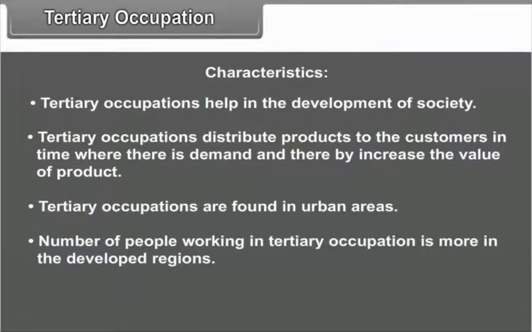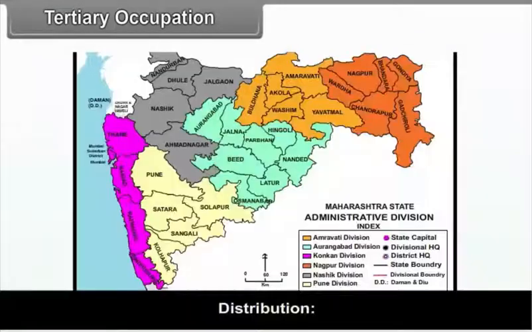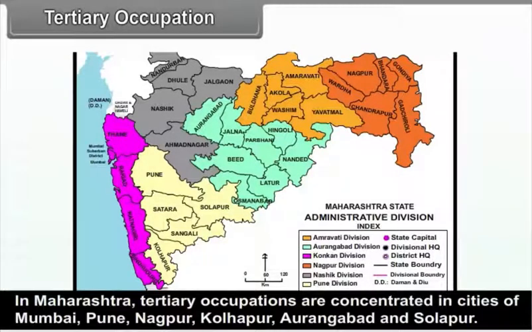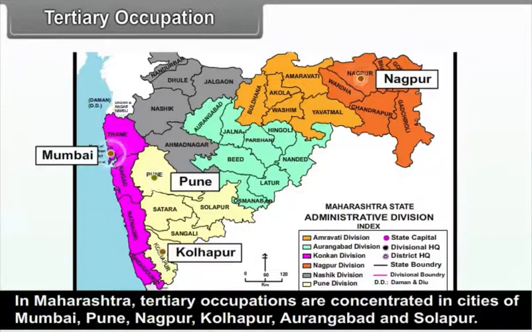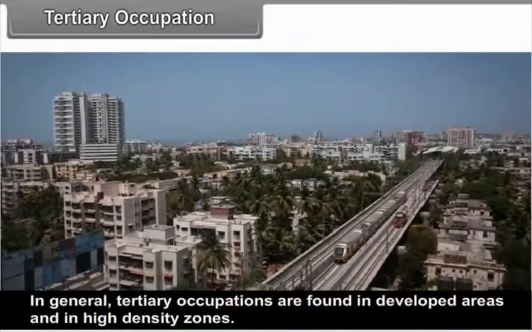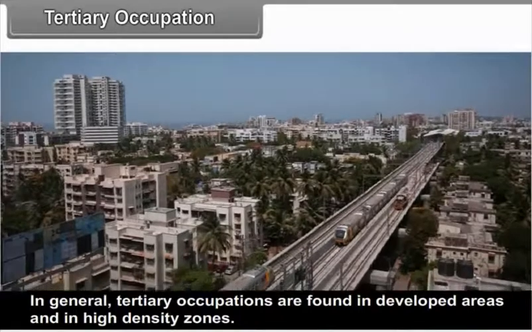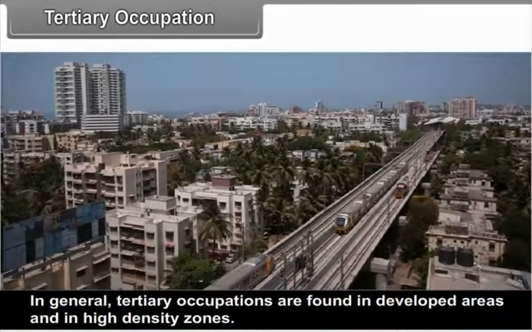Number of people working in tertiary occupation is more in the developed regions. Distribution. In Maharashtra, tertiary occupations are concentrated in cities of Mumbai, Pune, Nagpur, Kolhapur, Aurangabad and Solapur. In general, tertiary occupations are found in developed areas and in high-density zones.